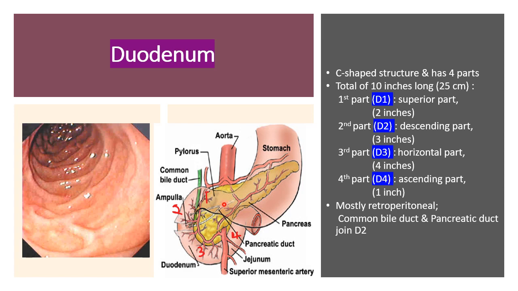The third part is the transverse part, and then this one is the ascending or fourth part of the duodenum. Most parts of the duodenum are retroperitoneal. The common bile duct and pancreatic ducts join the duodenum at the second part, at the ampulla of Vater.